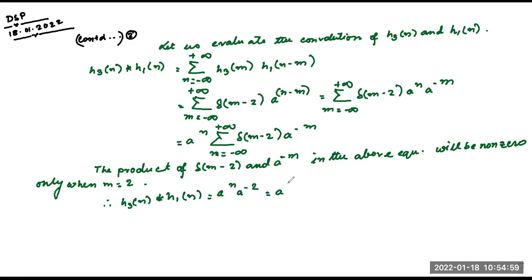That is equal to a to the power n minus 2 for n greater than or equal to 2, and a to the power n minus 2 u of n minus 2 for all n.